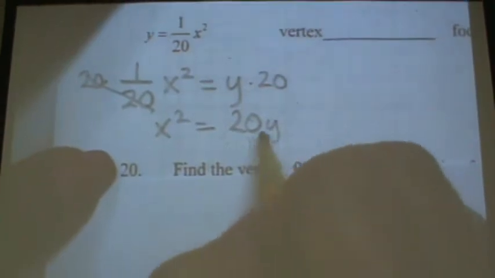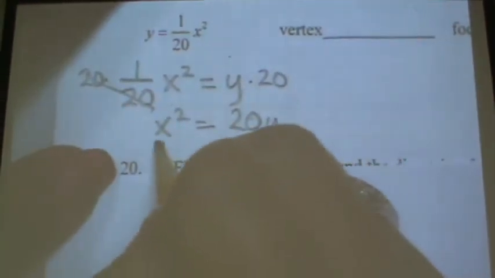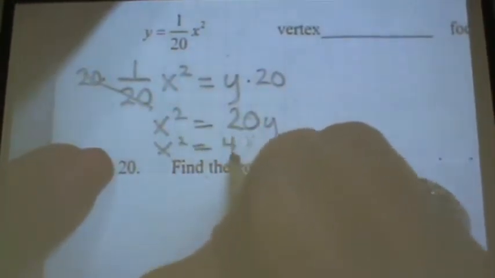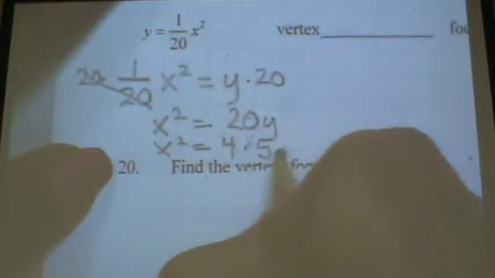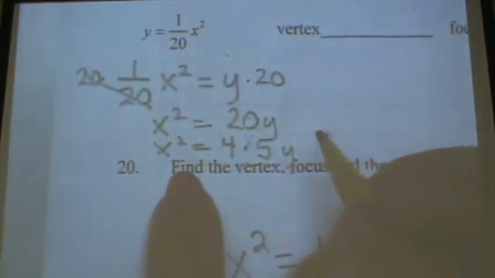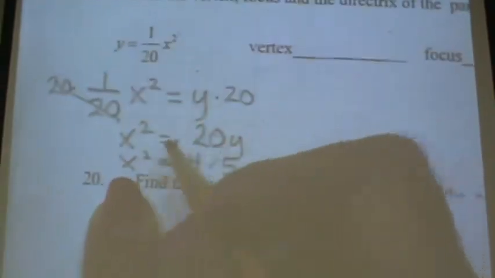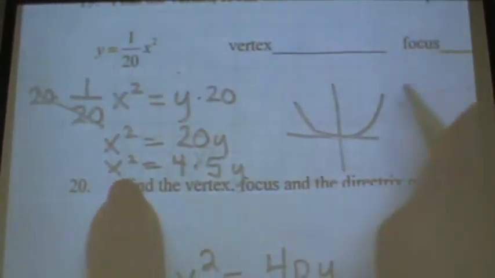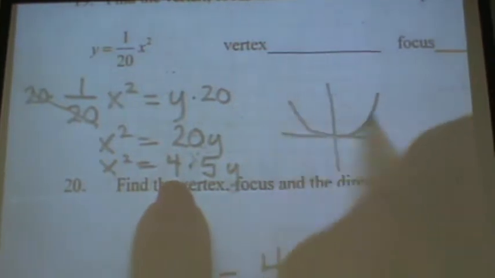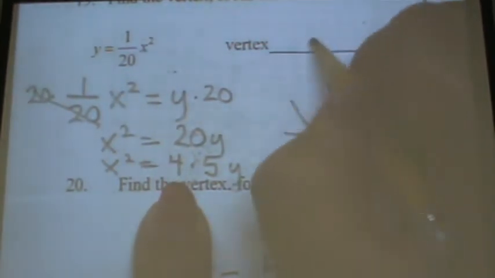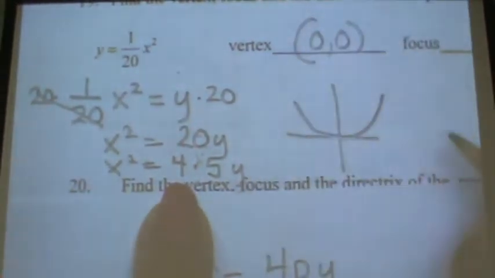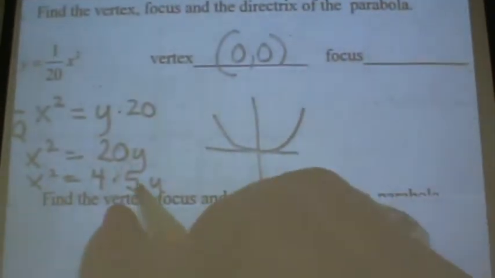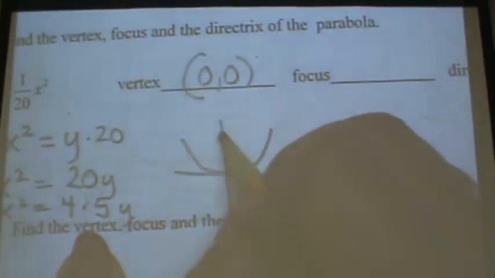Now, what number needs to be here? A 4. So 4 times what is 20? 5. So I know this thing is going to be right side up like this, x squared, and it's a positive 4, so it's up. My vertex is 0, 0. My focus, we're going to go 5 units inside here.